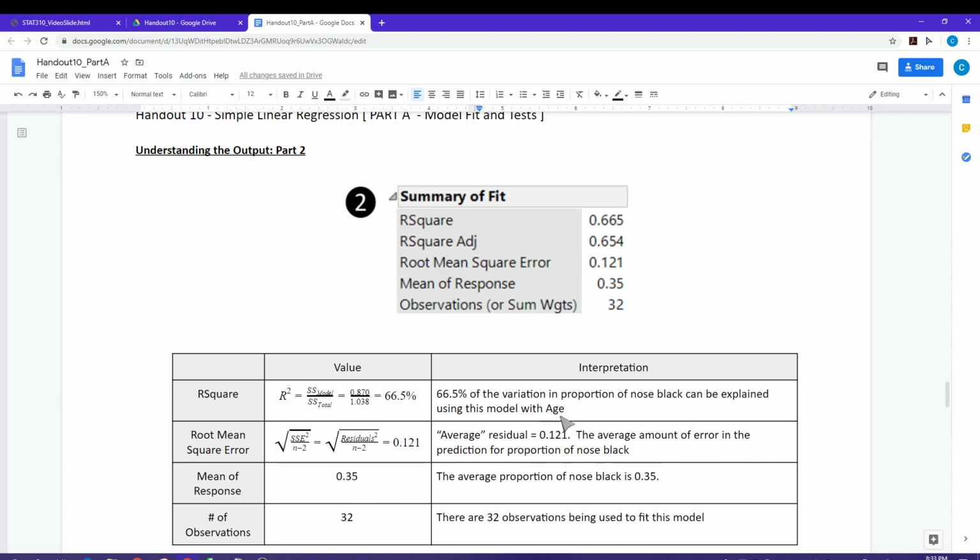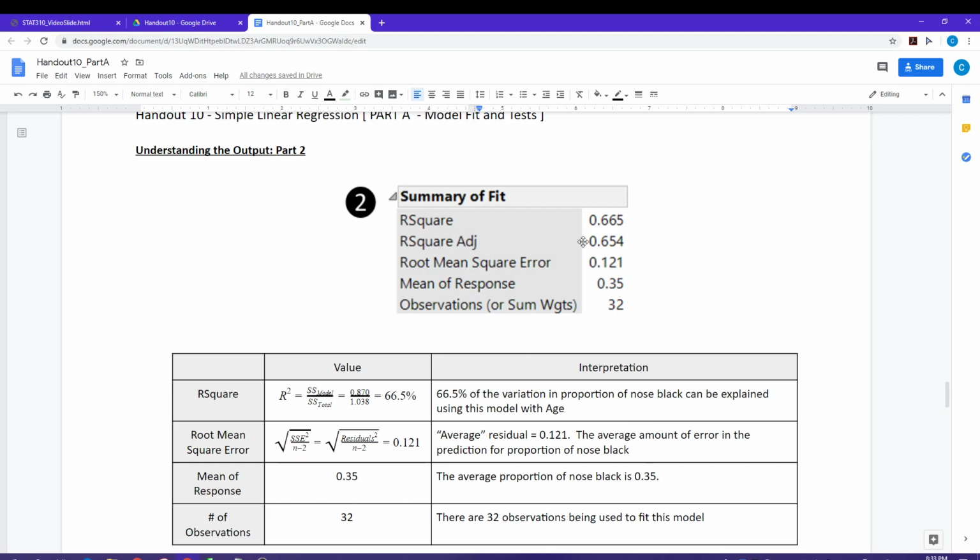So age certainly has an impact on proportion of nose black. Another way to think of this, of all the things that influence the lion's nose to be black, about 2/3 of it is due to age. So that's a pretty good model.